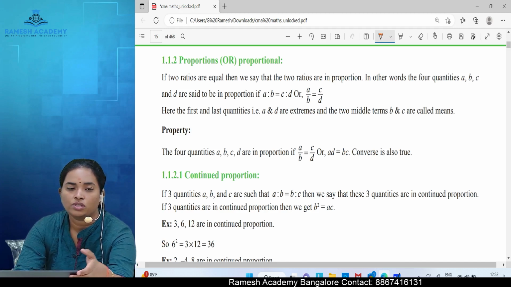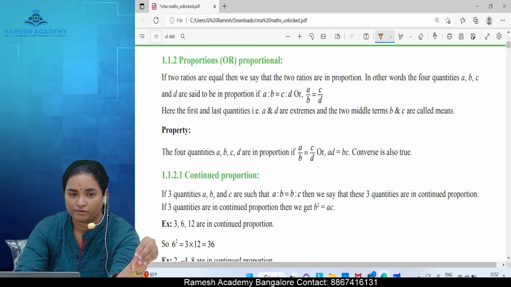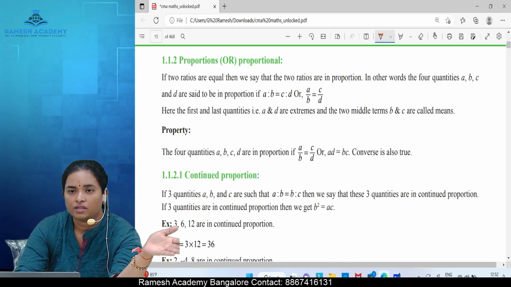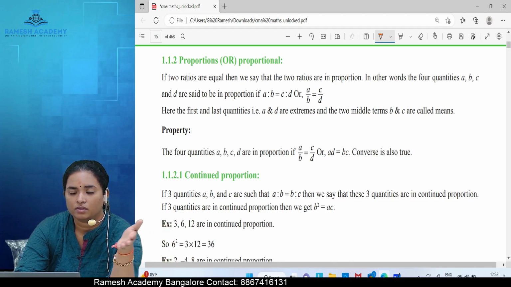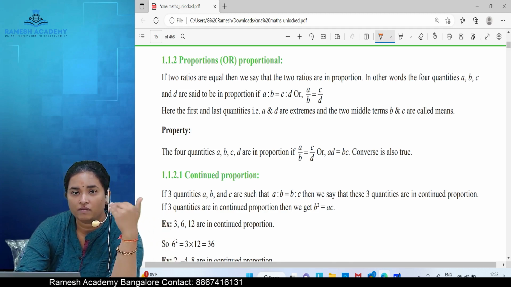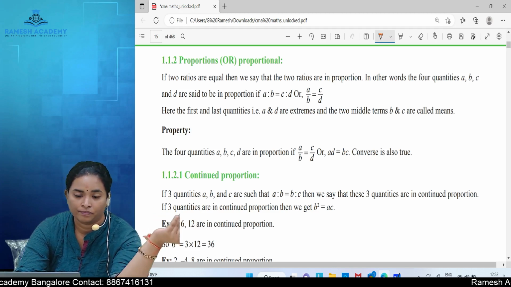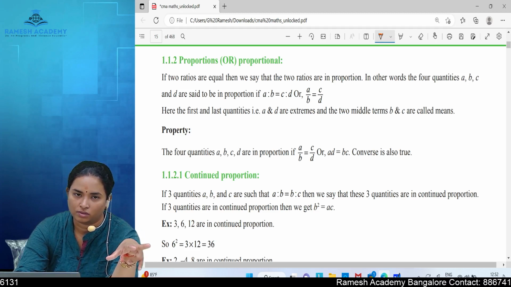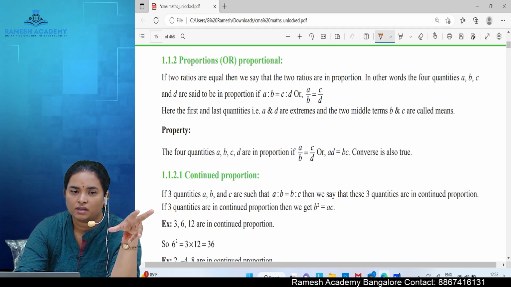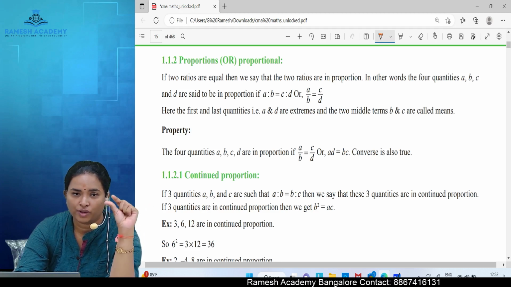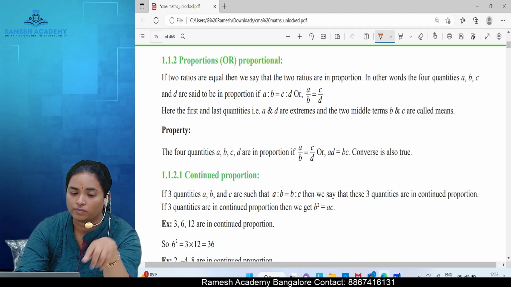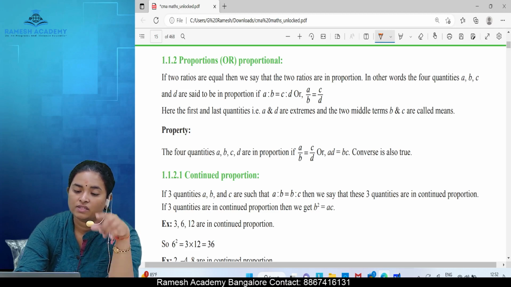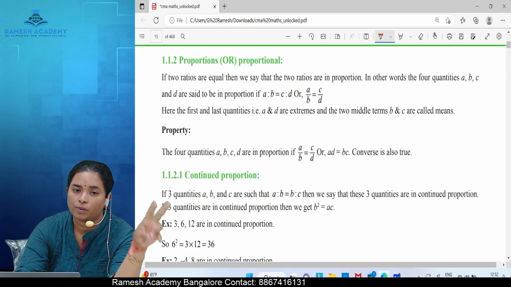See, proportions and ratios are not much different. There we say the ratios have to be in the same quantity, but still we can convert them into proportions. If 2 ratios are equal, then we say that 2 ratios are in proportion.